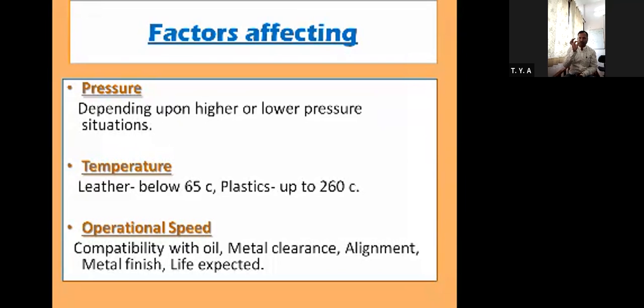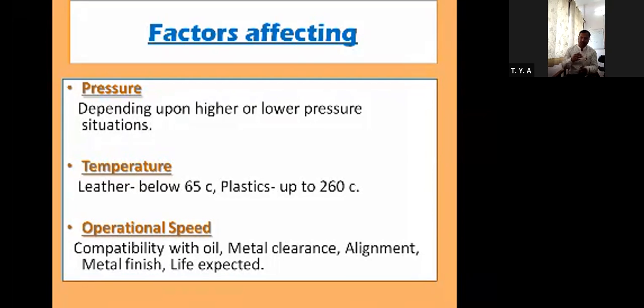That means higher operational speed leads to shorter seal life. Once again I am repeating, higher operational speed leads to shorter seal life. Due to that, operational speed is an important factor.